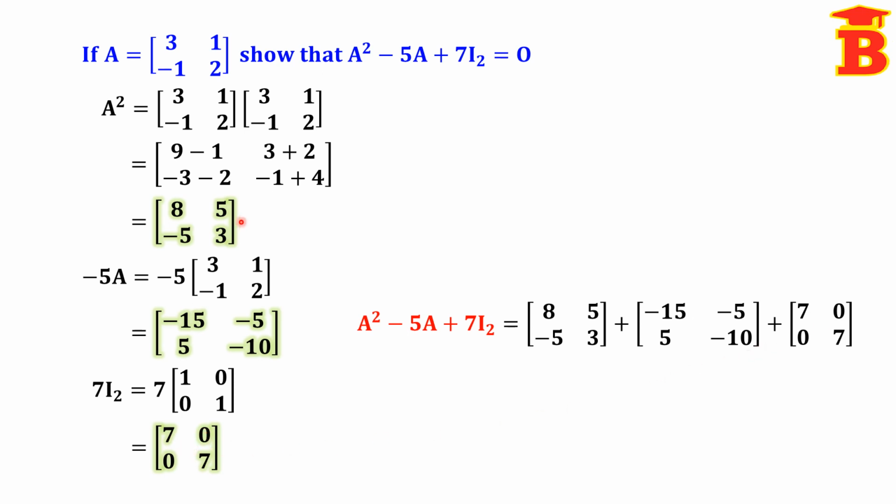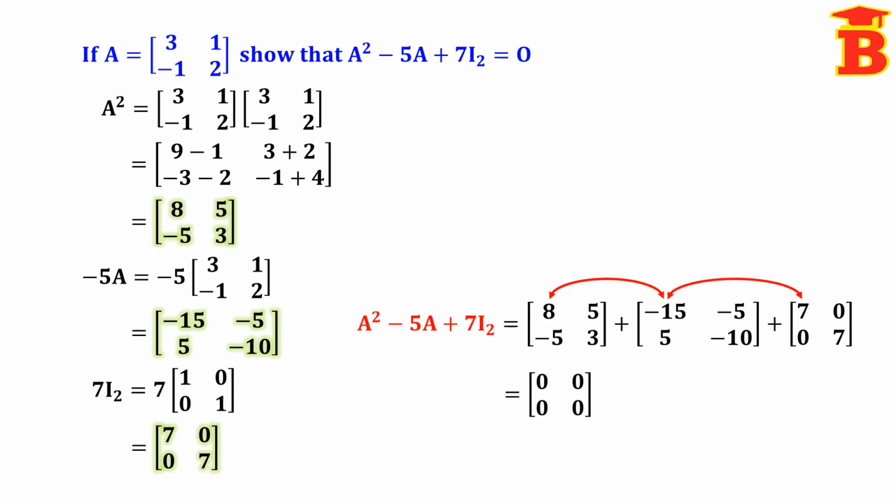So we have got all the three terms as matrices here. Just add these three matrices. And remember, we have to get the 0 matrix on the right hand side. Addition of matrices means we have to add corresponding elements. So straight away we can add all the three matrices. It's very easy only because we know the answer. We must get the 0 matrix. So we can write the answer immediately, 0, 0, 0, 0, and just check it.